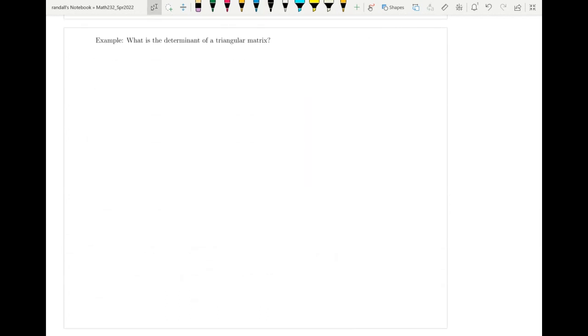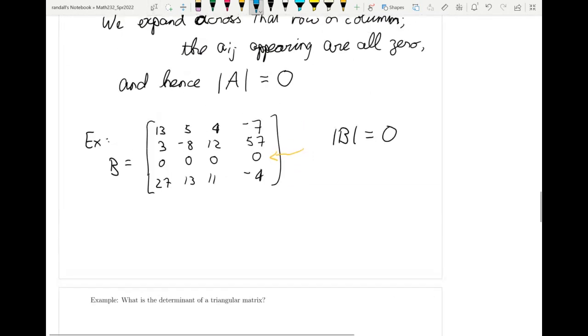Another thing we can get, so this is an easy computation. Some matrices would be easy to compute the determinants if it's something obvious like this.